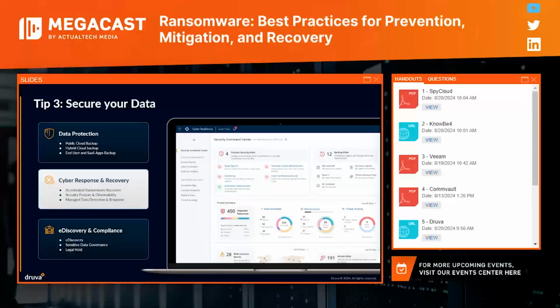Layering on this foundation of secure data protection are Druva's cyber response and recovery capabilities. Still centered on data security as the principal benefit, these capabilities play a key role in cyber incident response and remediation.